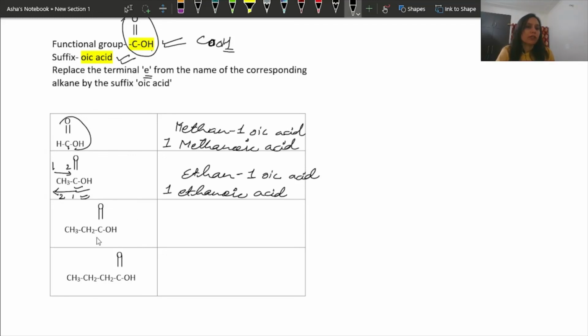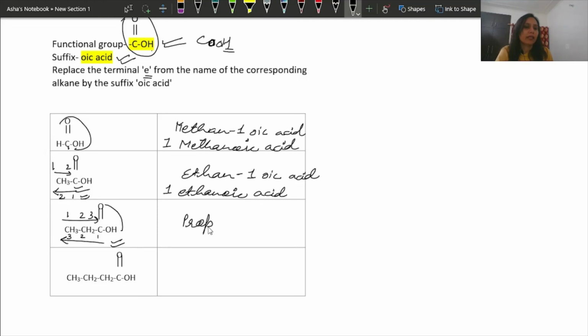Okay, now in this one you are seeing there are 3 carbon. From back to front numbering, this is the first carbon, this is the second carbon, this is the third carbon. From front to back, this is the first carbon, this is the second carbon, then this is the third carbon. So in this numbering back to front, at first carbon the carboxylic group is coming. Total number of carbon 1, 2, 3. So root word will become prop.